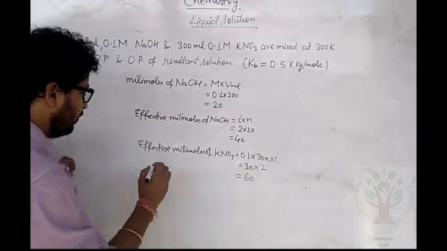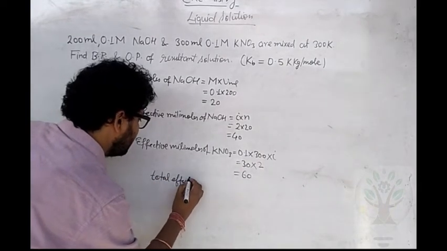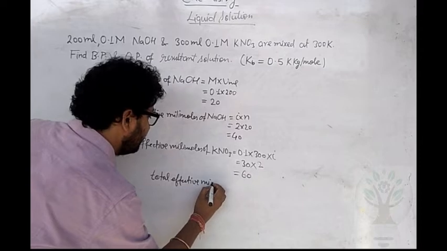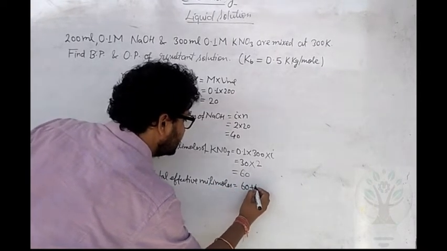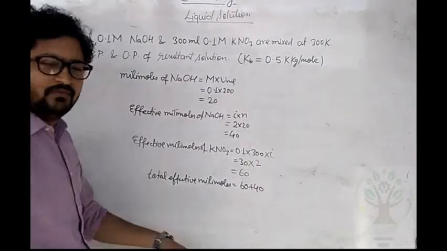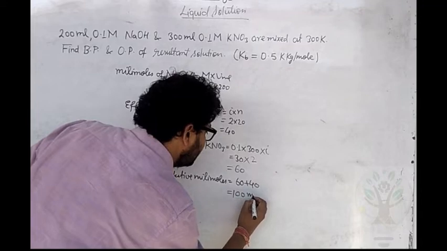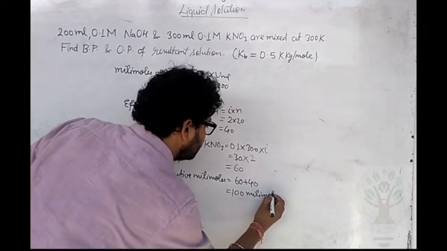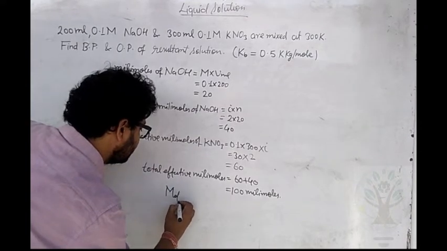Okay, good. Now, total effective millimoles. Can you tell me how much it will be? It will be 60 plus 40. 60 coming from KNO3, 40 coming from NaOH. So total it will be 100 millimoles. Okay. Now can you tell me effective molarity?